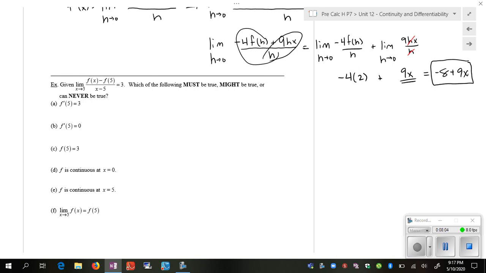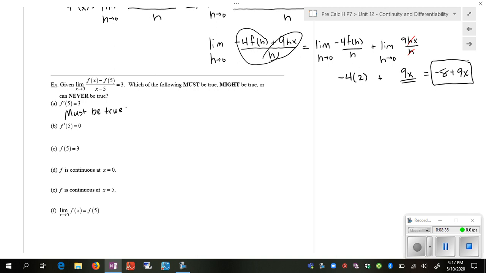But if that limit does work out to be true, that is the definition of saying that the derivative exists at 5 and the slope there is 3, which tells us that this must be true. The function is differentiable at x equals 5, and the derivative comes out to be 3.